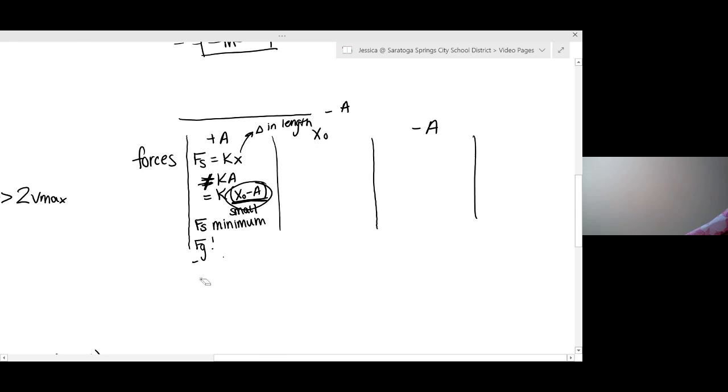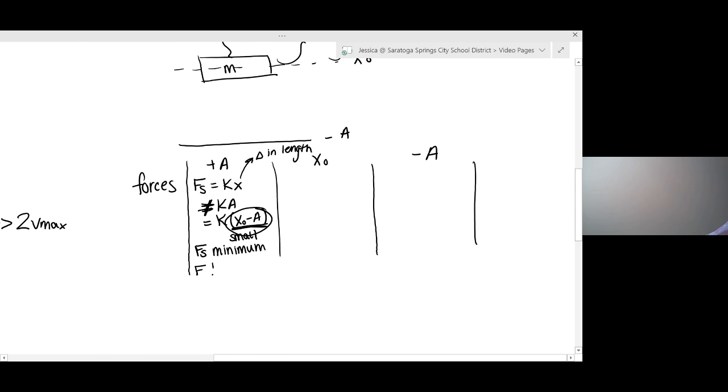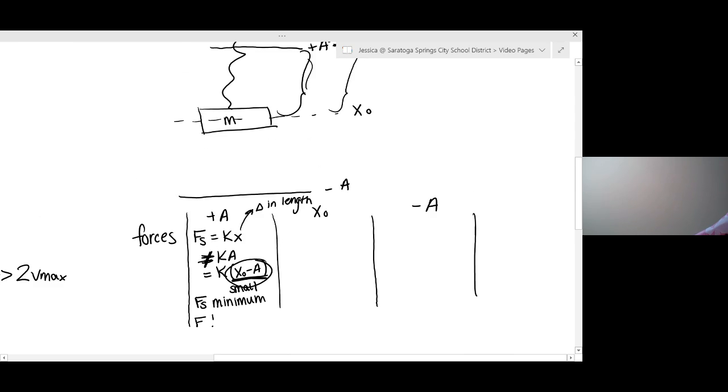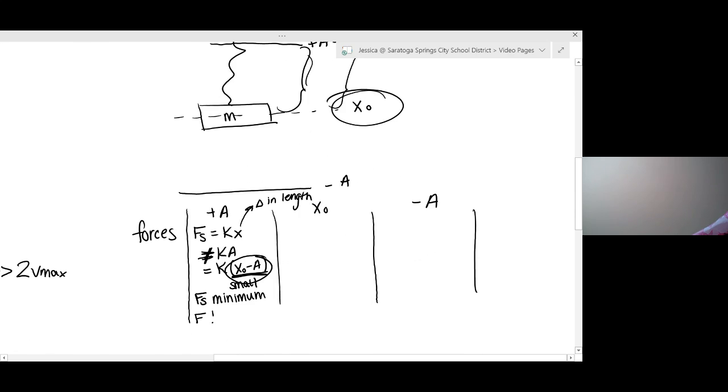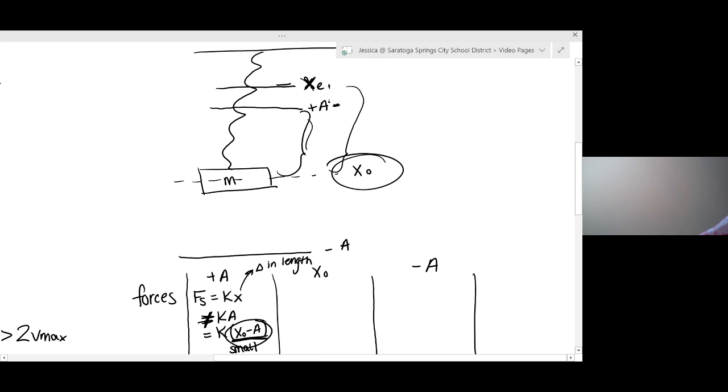Ignore that part. So at positive A, Fs is directed towards equilibrium, x0, not the natural length. So at positive A, Fs is directed down.